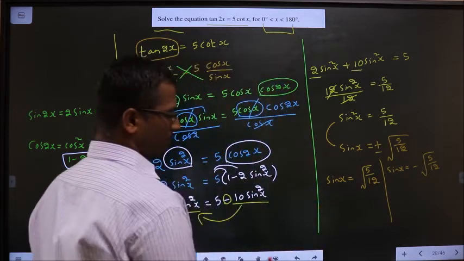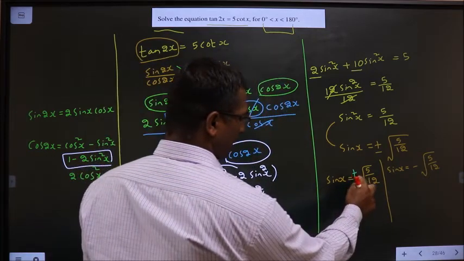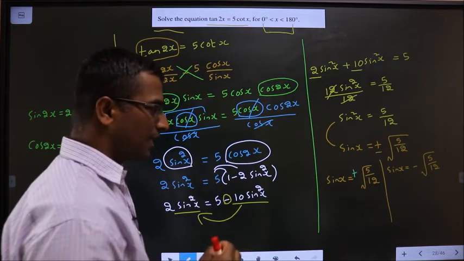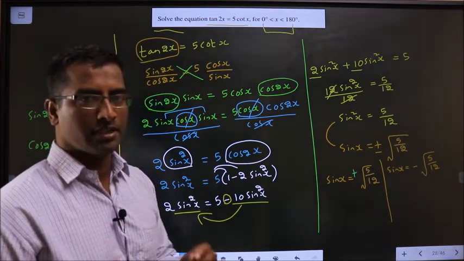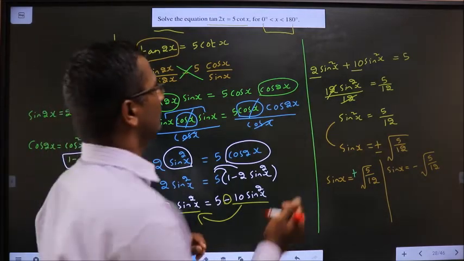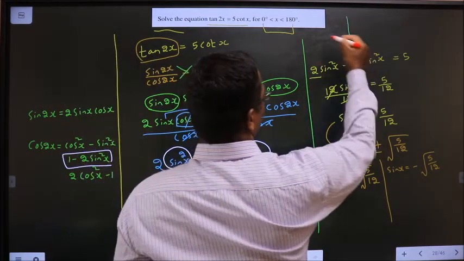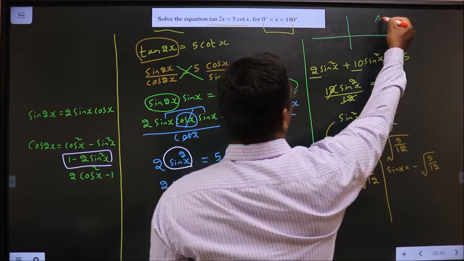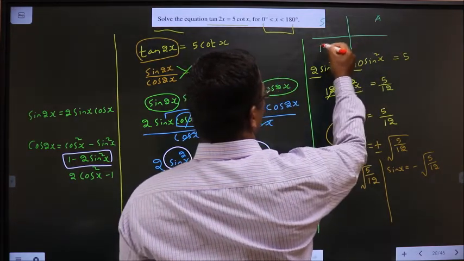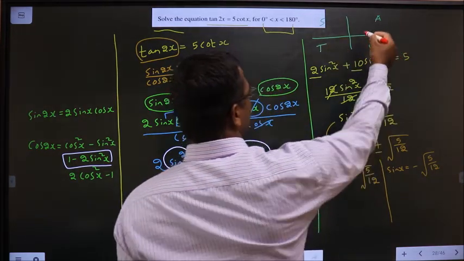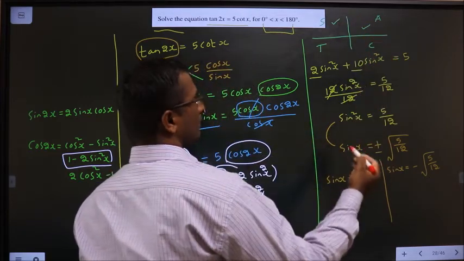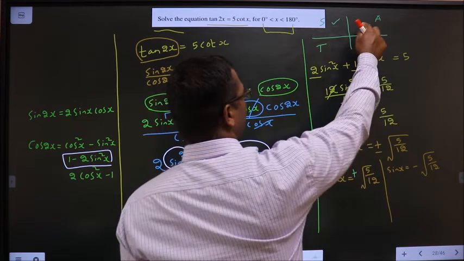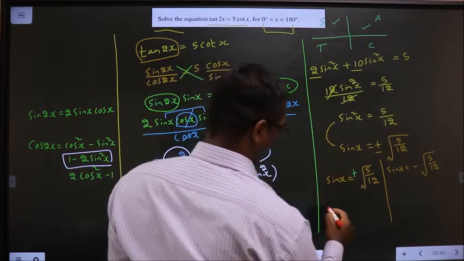Okay, now sin is positive. So to get the values for x, I should check in what all quadrants sin is positive. It is like this. All silver tea cups. So sin is positive in the first and the second. So we should find an angle both in first and second.